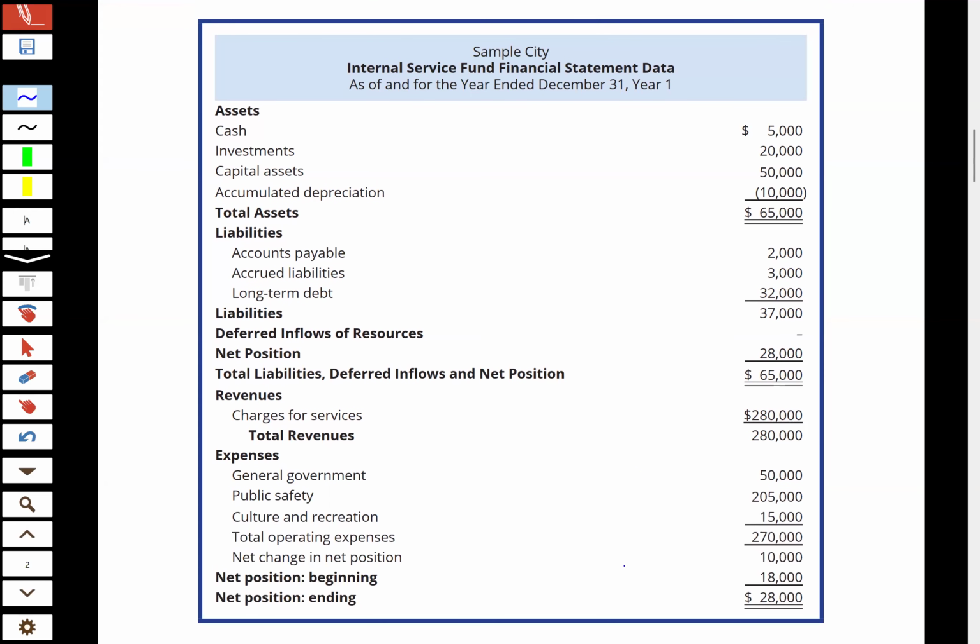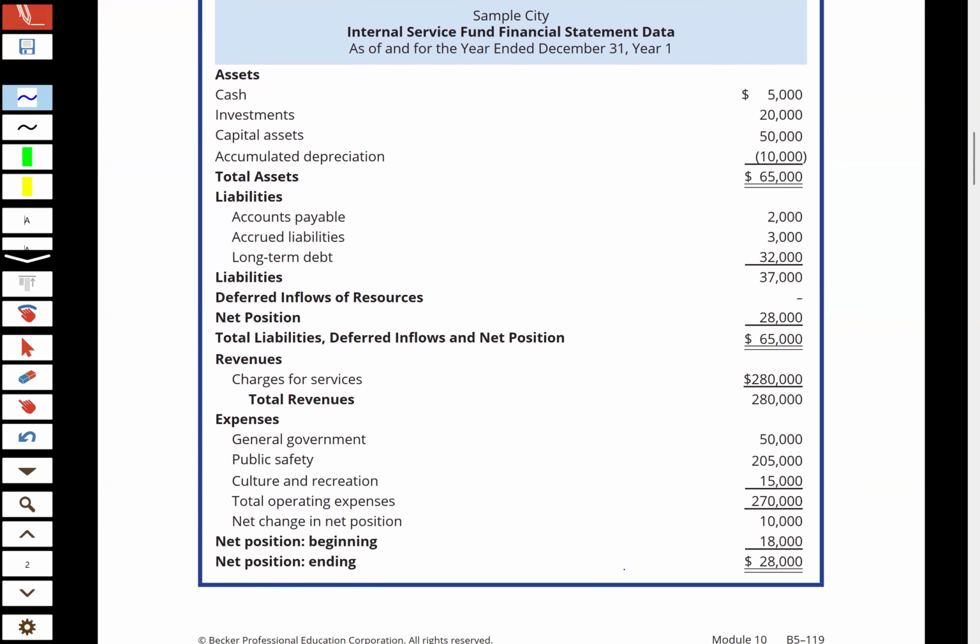But since the internal service fund as a proprietary fund needs to be consolidated into the governmental activities column, we're going to see how that would be affected. They basically show us the financial statements, although we don't need to convert from modified accrual accounting to full accrual here.